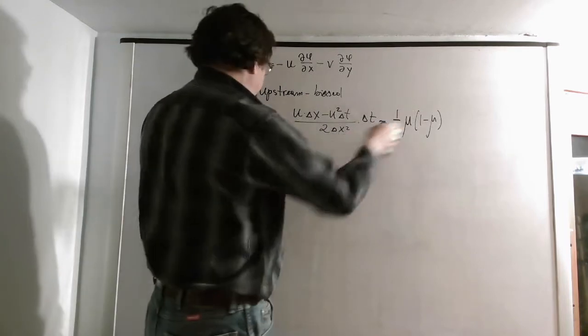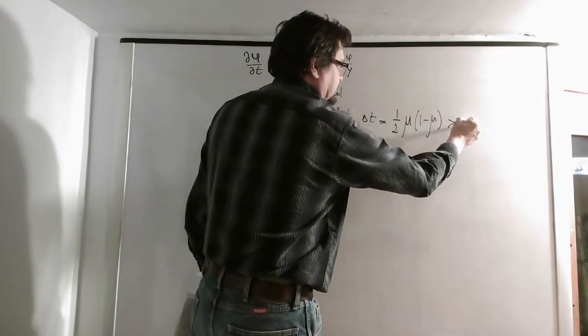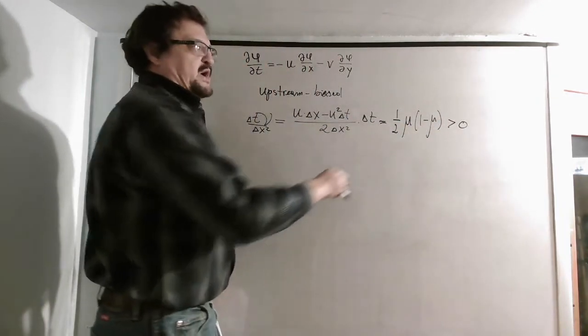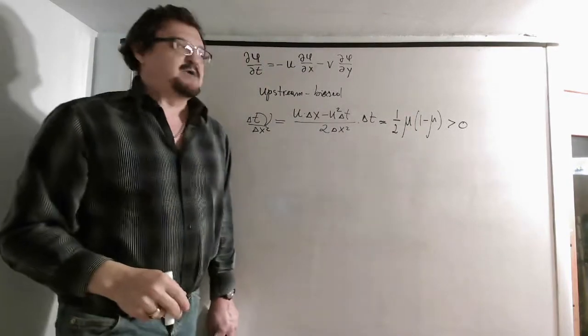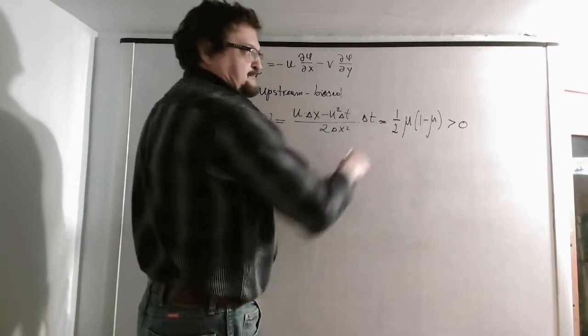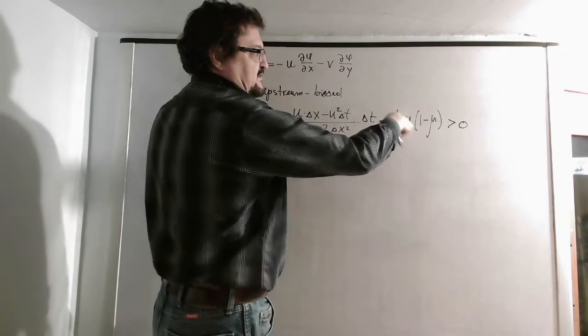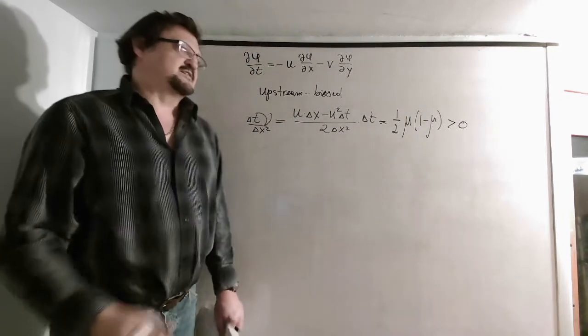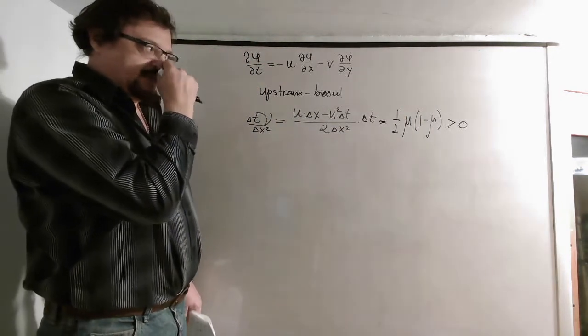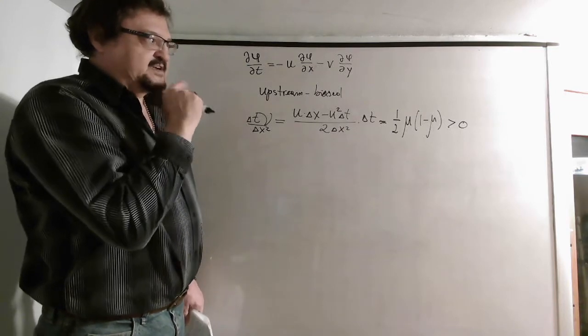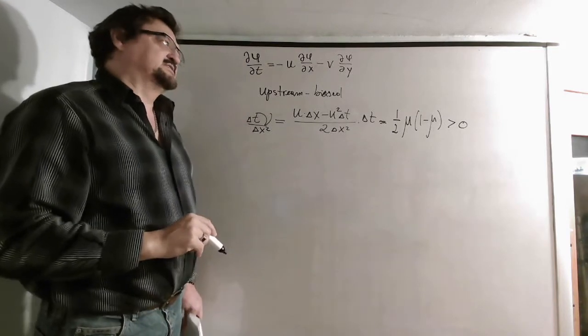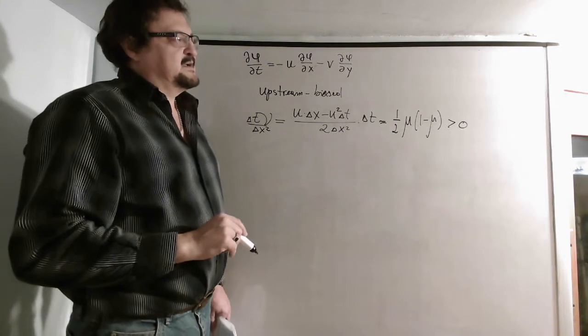Because it should be greater than 0, this is the explanation why mu should be smaller than 1. Because if it's bigger than 1, this diffusion coefficient is negative, and then it becomes unstable diffusion. So that's kind of physical explanation why we need this restriction on time step.